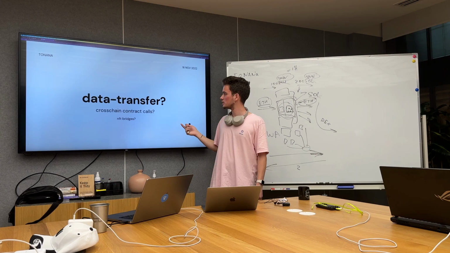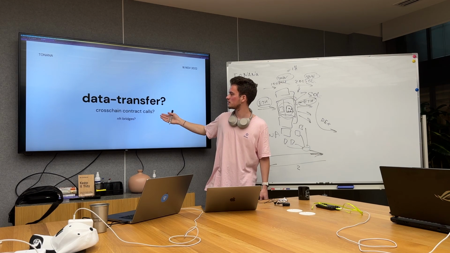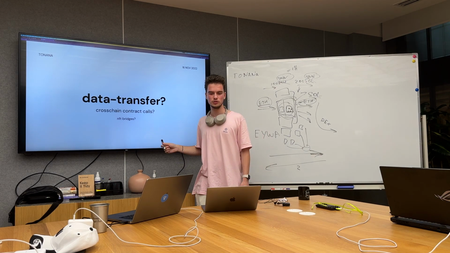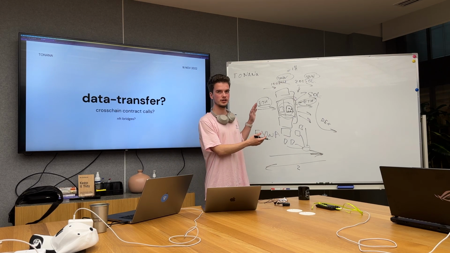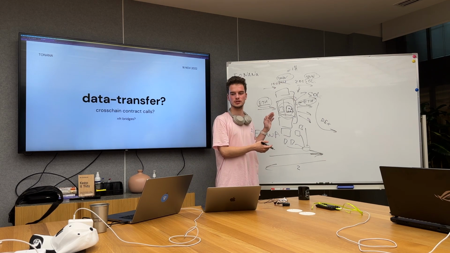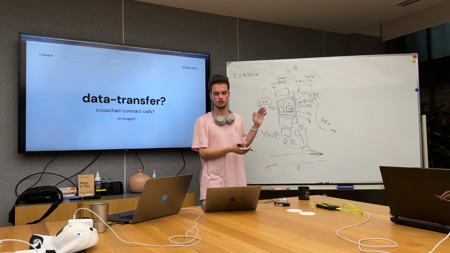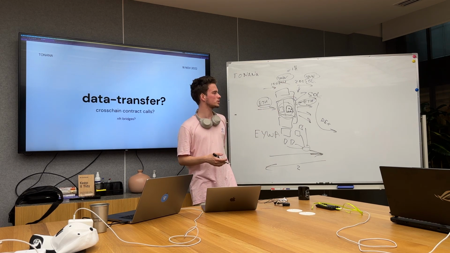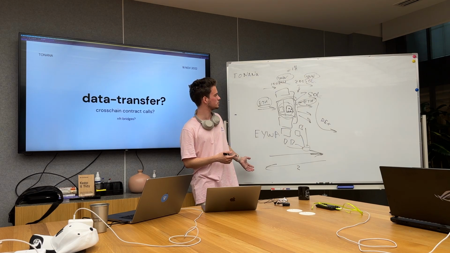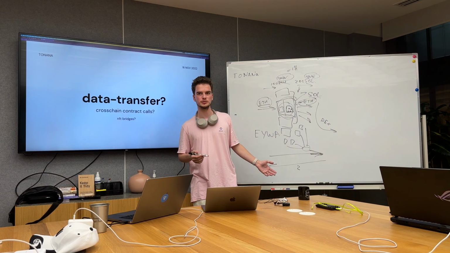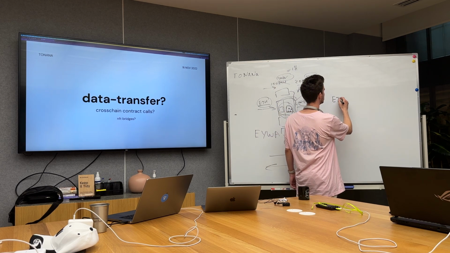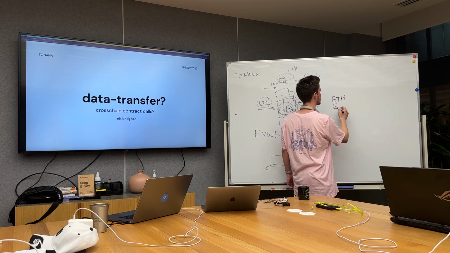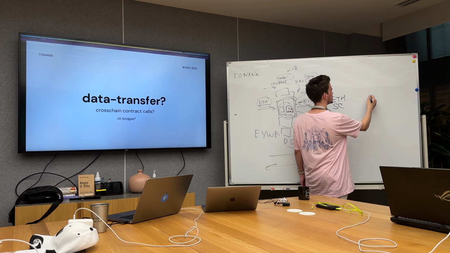So in terms of data transfer and cross-chain contract calls and NFT bridges, this is a really cool topic. Right now we have a bridge that can transfer assets and can transfer your money between chains, but we don't have a system which will allow users to call smart contracts from one chain. So you have an Ethereum smart contract, and you have a Solana smart contract.